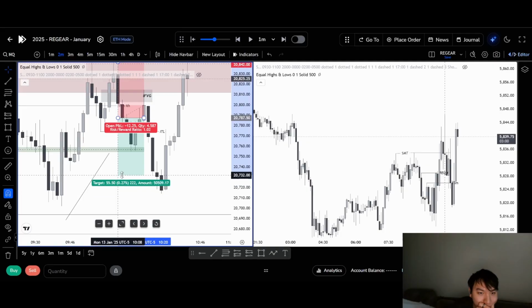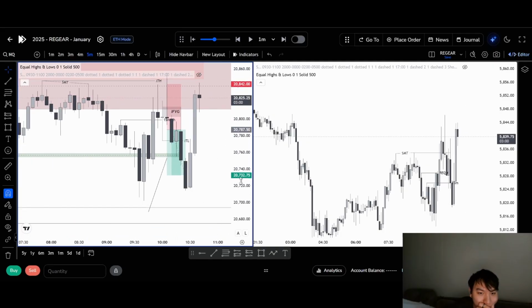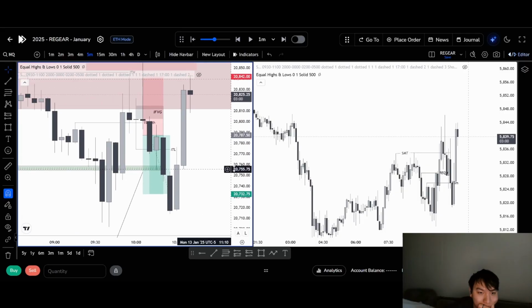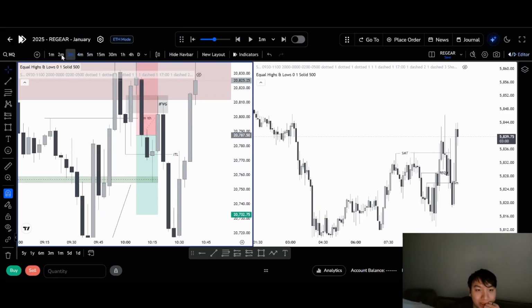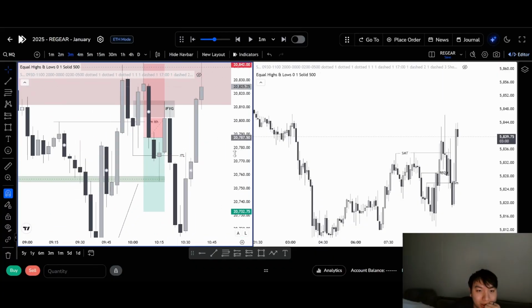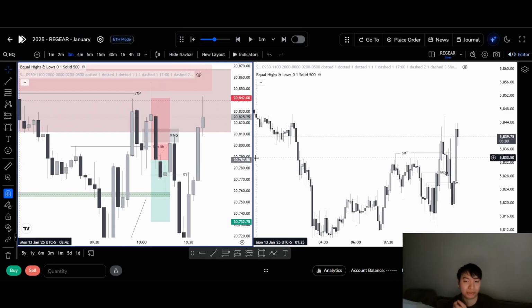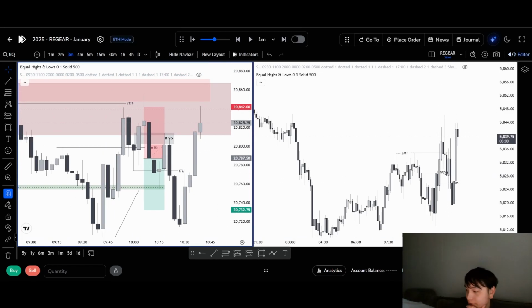Maybe I should have targeted a 1:1. Either way, we got stopped out. Four was the highest. Yep, that doesn't count. We're kind of in chop, but it's fine. Wow, this sucks. Okay, I'm gonna go journal what just happened.